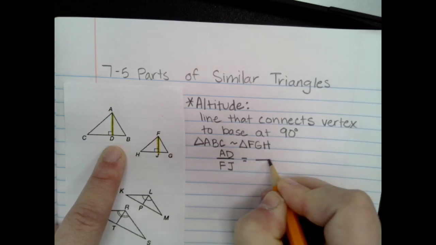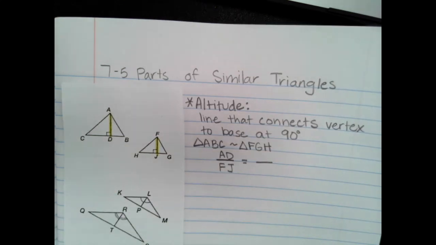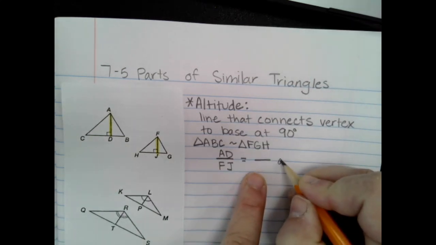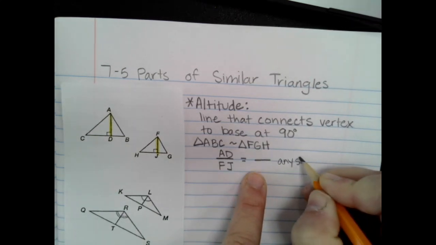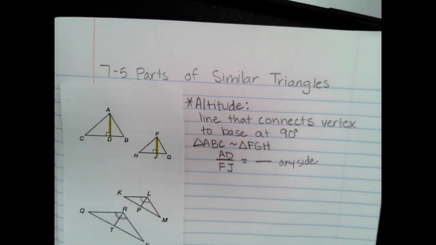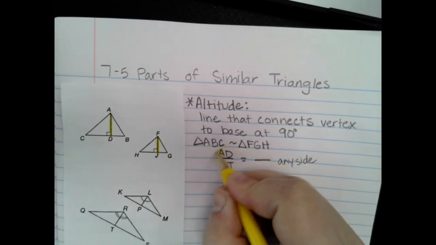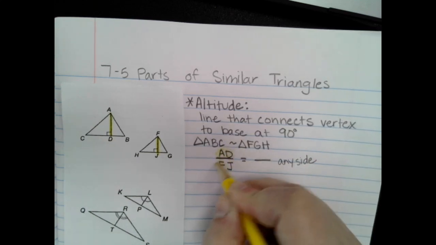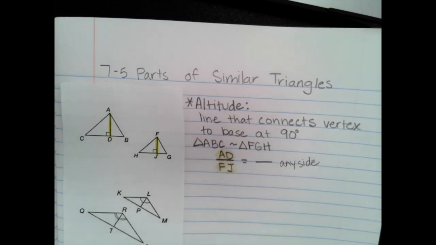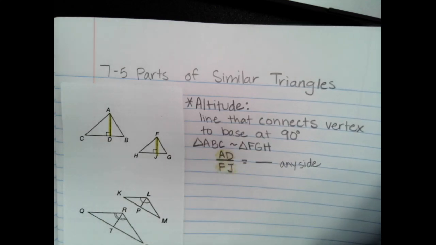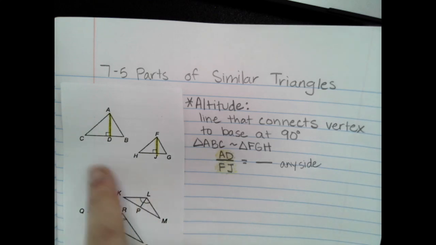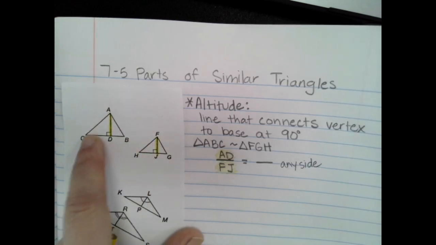And we would compare that to any of the sides. It doesn't matter. We get to pick any side. Let's pick one just to highlight here. All right, Tina, do you want AB, BC, or AC?